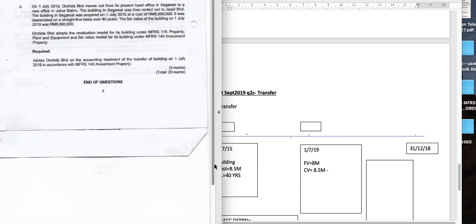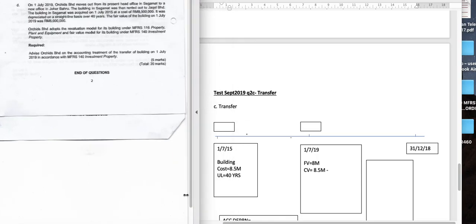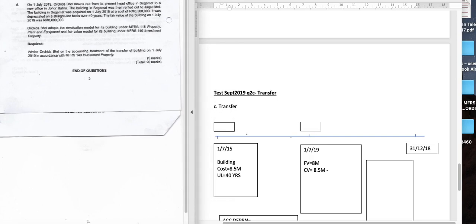On 1st July 2019, Orchid moves out from its present head office in Segamat to a new office in Johor Bahru. So the building in Segamat was then rented out to Jakil.